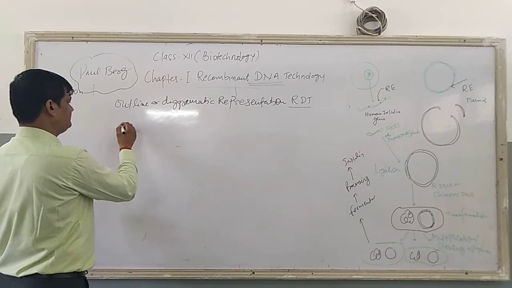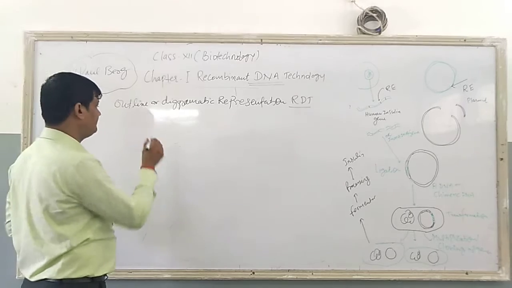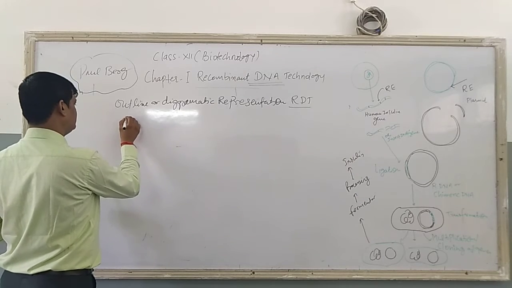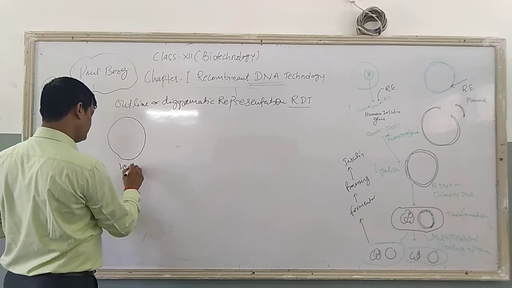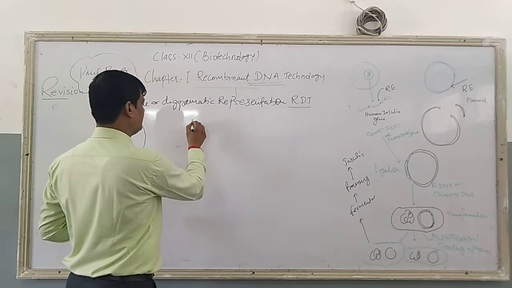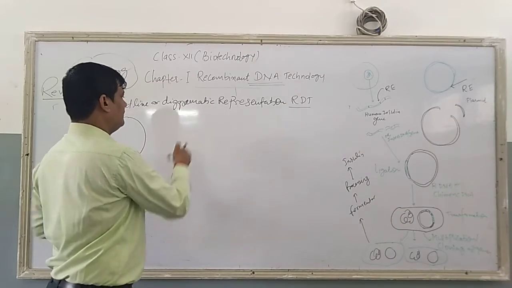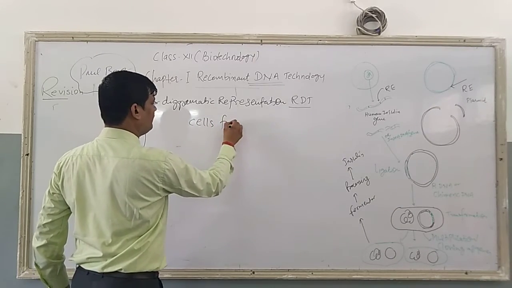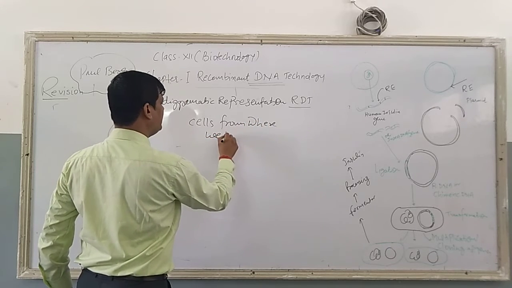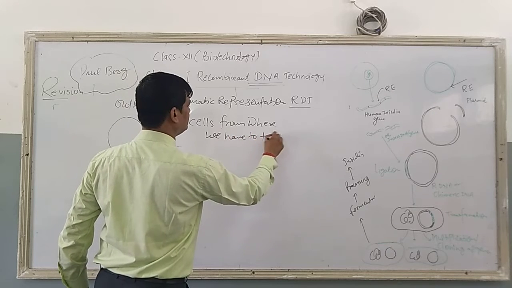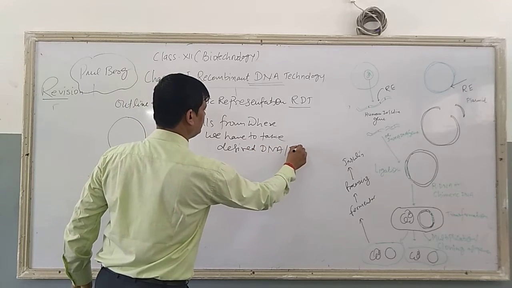First of all, selection of the host, selection of the desired gene or DNA, and the vector. These are the cells from where we have to take the desired gene or DNA.